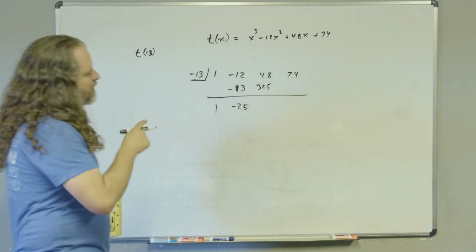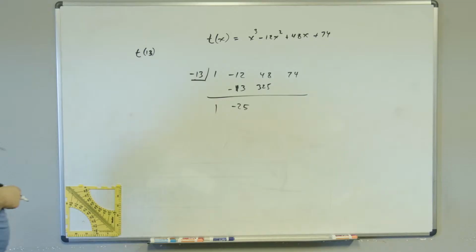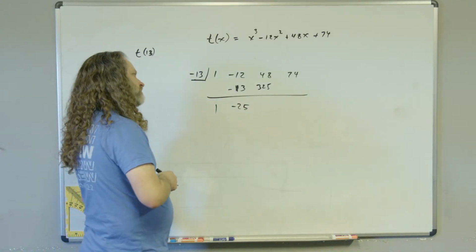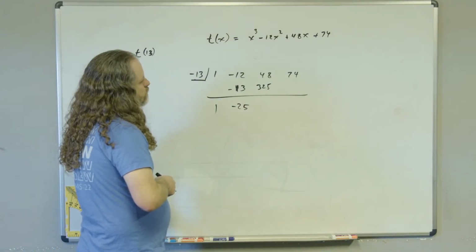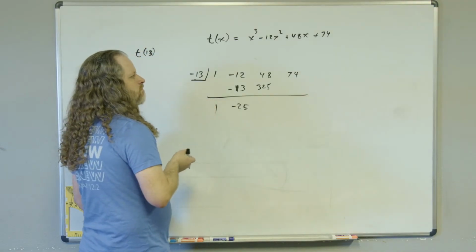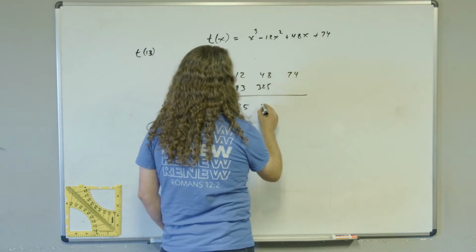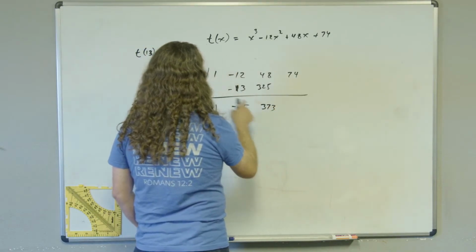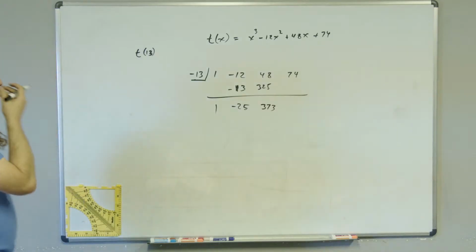And 325 plus 48 is 373. And 373 times negative 13 is what?